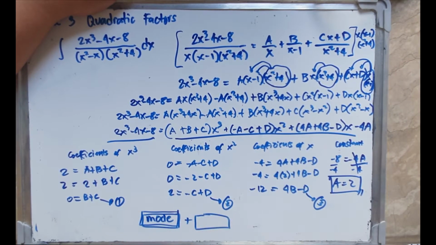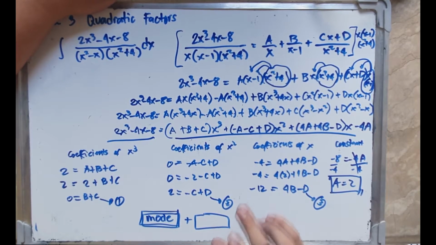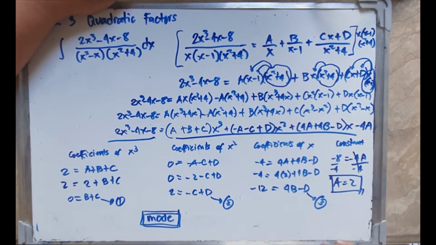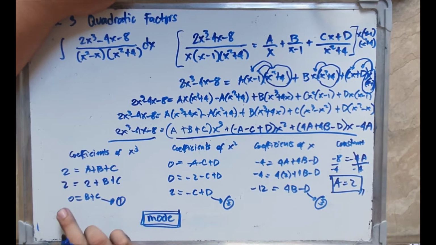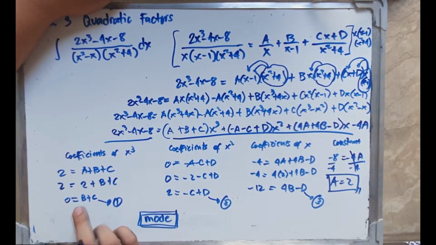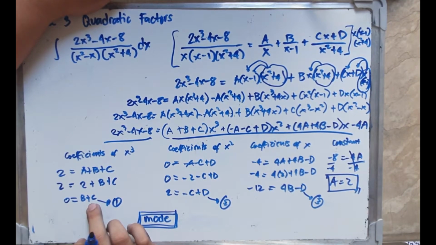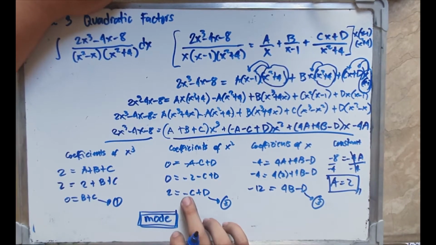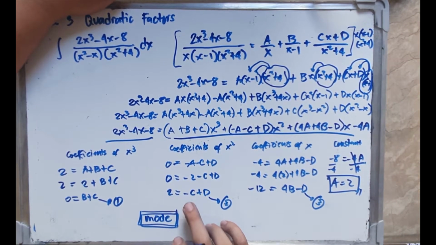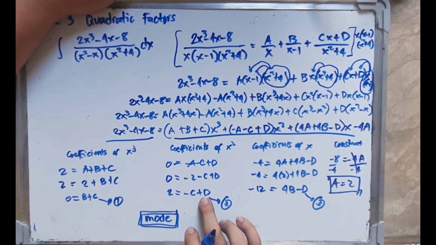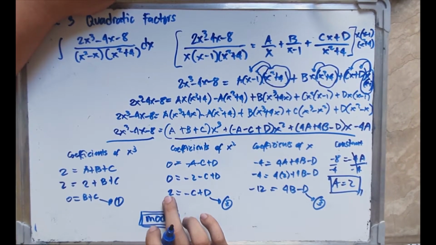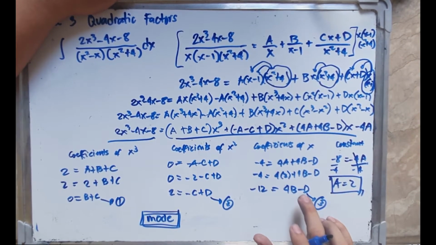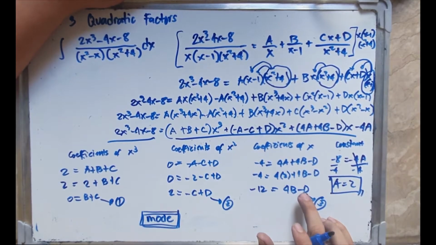We don't have a calculator here, so just use mode, and then you would substitute values for the coefficients of b 1, coefficients of c 1, and coefficients of d 0, and the constant is also 0. Coefficient of b is 0, coefficient of c negative 1, coefficient of d 1, and the constant 2. We have coefficient of b 4, coefficient of c 0, and we also have negative d.